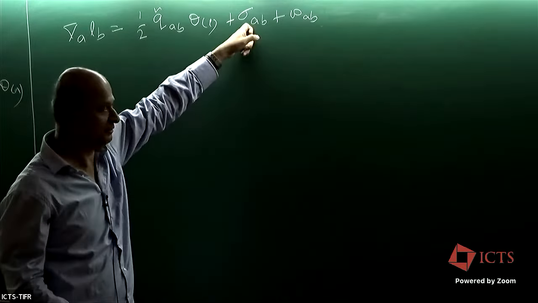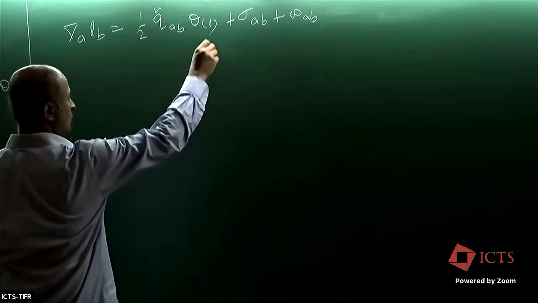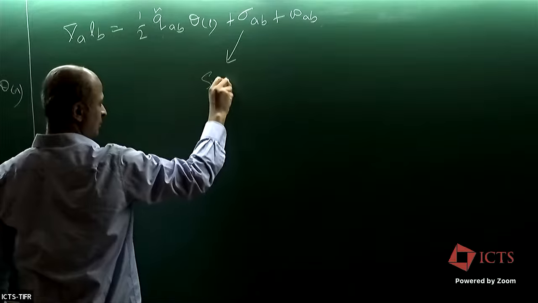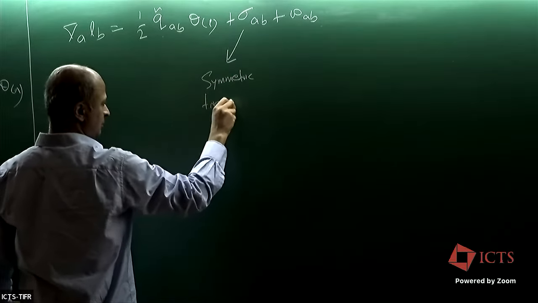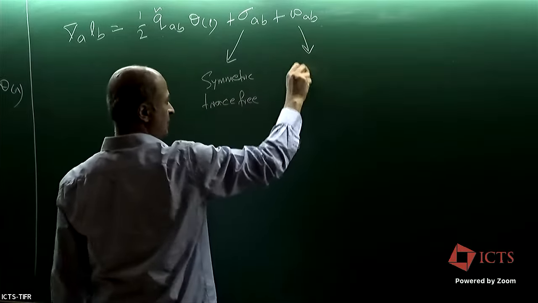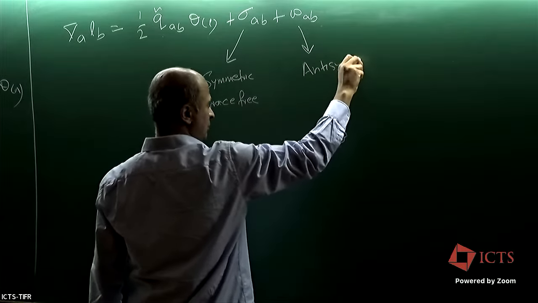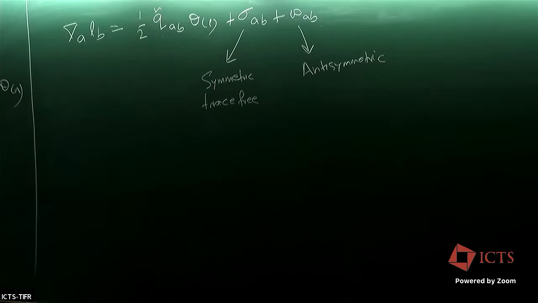This is the symmetric part, and that is the antisymmetric part. So this is the trace part, this is the symmetric, and this is the antisymmetric trace. It's of course always trace-free because it's antisymmetric.